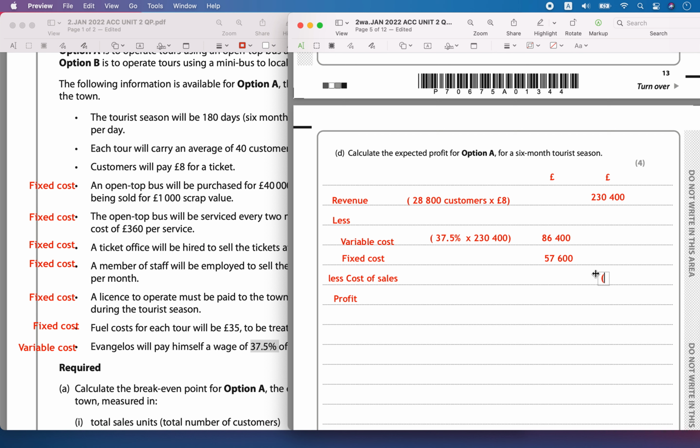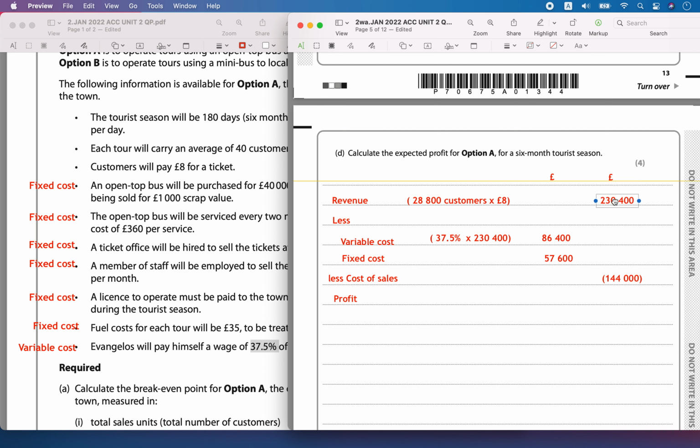So the cost of sales is going to be equal to this variable cost plus fixed cost, which is 144,000.